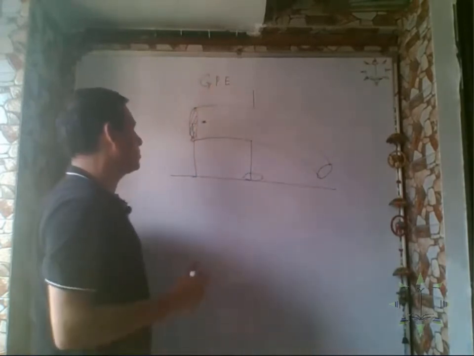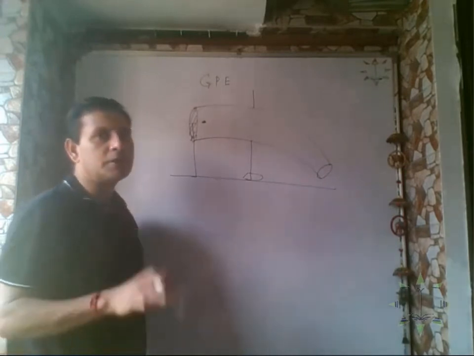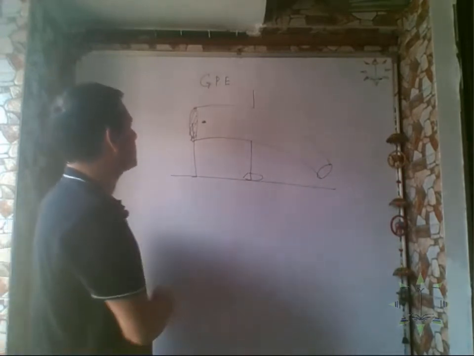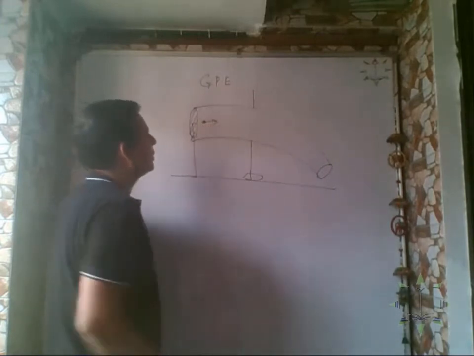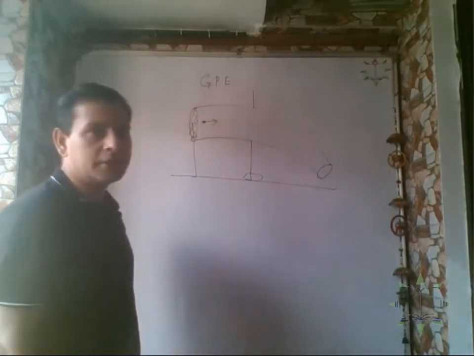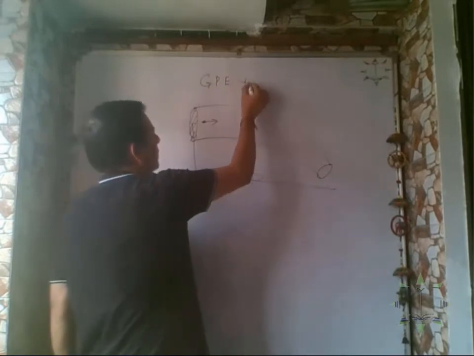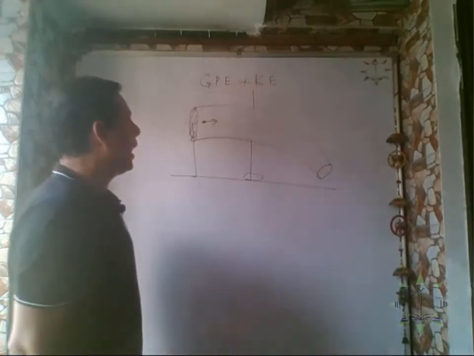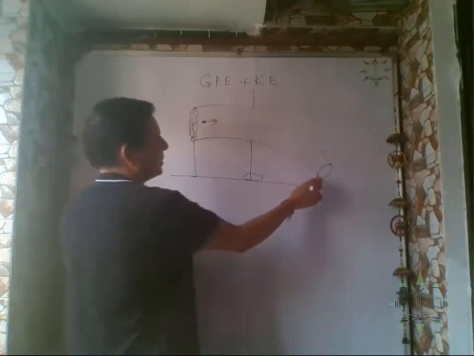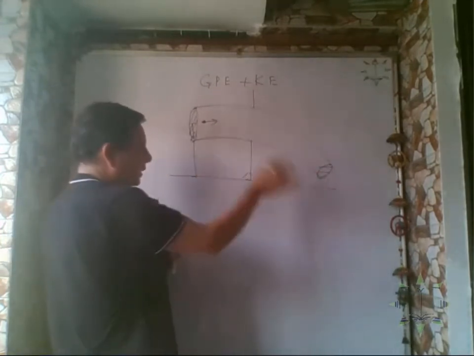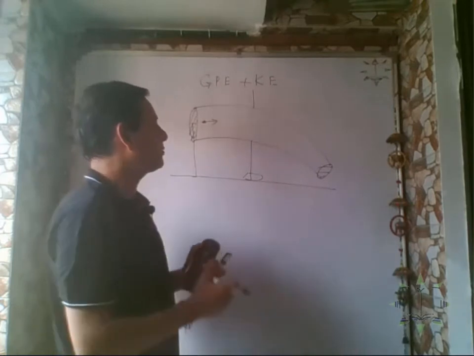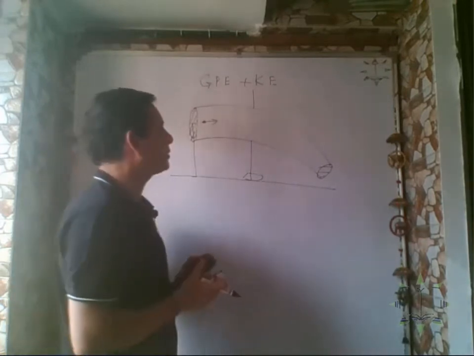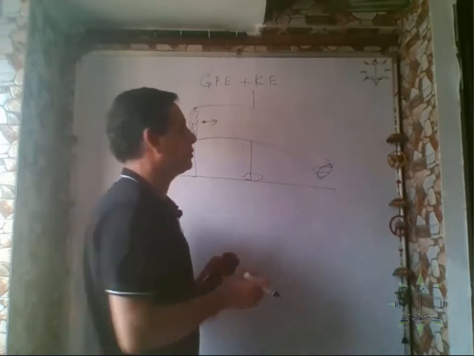We can consider gravitational potential energy per unit mass. Okay, so gravitational potential energy per unit mass, since it is in motion, therefore it will have kinetic energy per unit mass. Okay, and because there is a pressure difference, that liquid is flowing. Pressure difference के चलते जो energy liquid possess करता है, that energy is called pressure energy per unit mass.